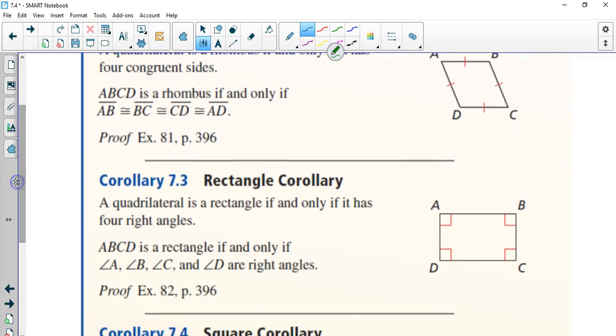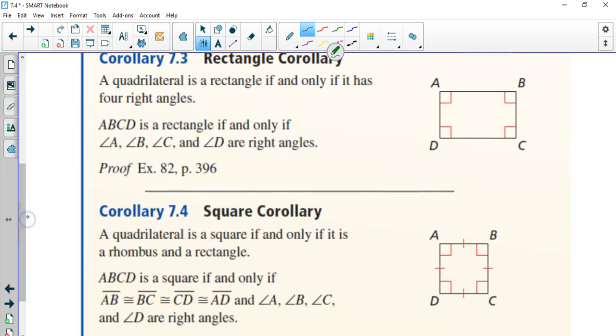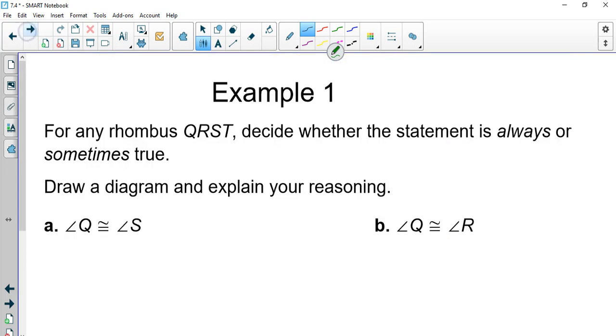And then the rectangle, it has to have 4 90-degree angles. And the square corollary, which is based on the previous page, you have to have 4 right angles and all sides equal. In other words, it's a rhombus and a rectangle. It has the characteristics of both. It's a hybrid. It's like the rectangle and the rhombus got married, and there's your square.